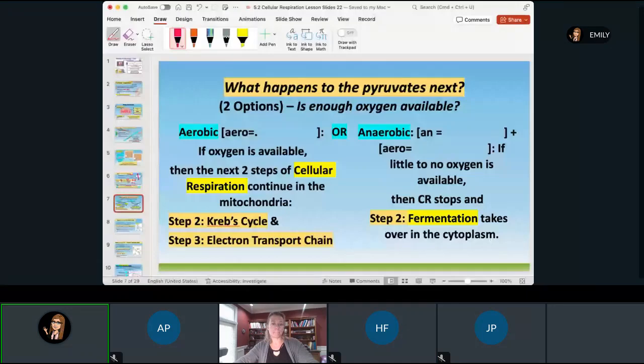So, when we talk about breaking down words, we're going to break down a few more. Aero means oxygen. So aerobic means that oxygen is available.